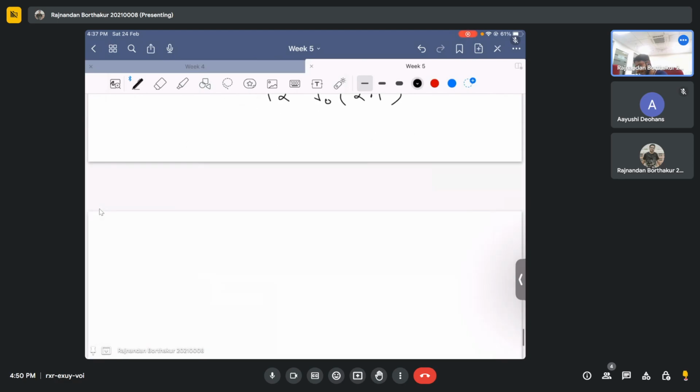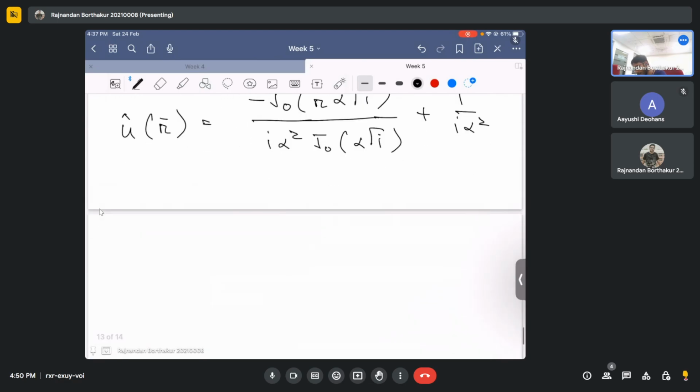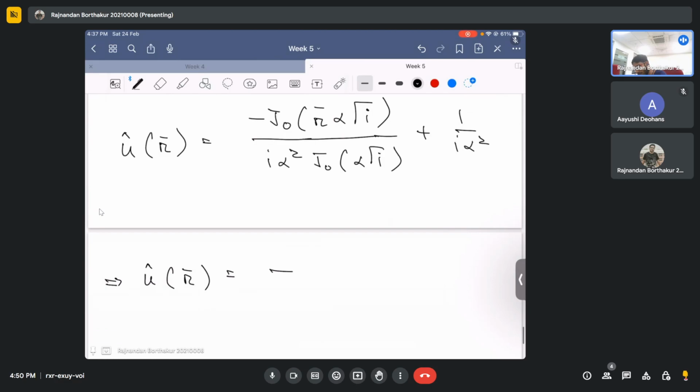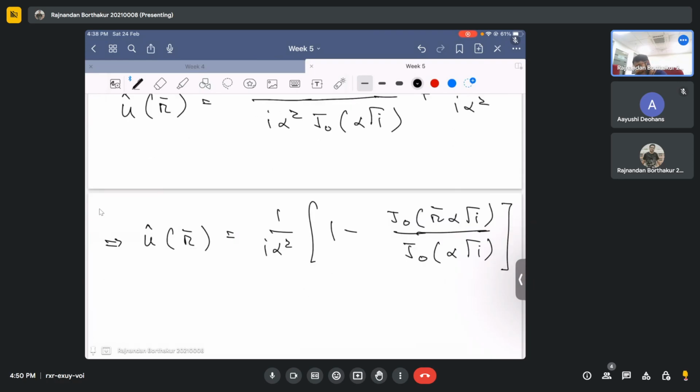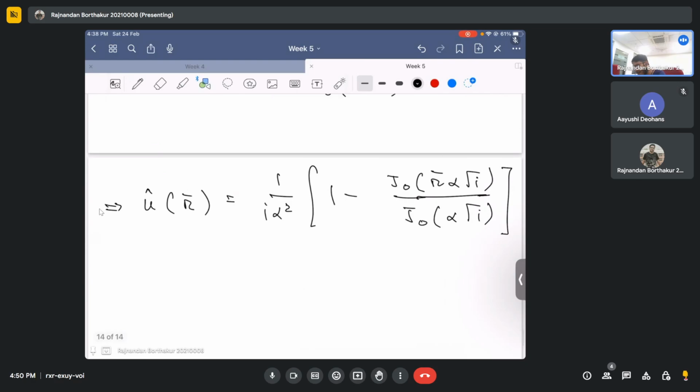So if you simplify by taking 1 by I alpha squared common, then you will end up getting 1 minus j0 of r bar alpha root over I by j0 of alpha root over I. That's it, guys. So we now have a complete solution of u hat of r, and that is sufficient to know how the velocity profile looks like.